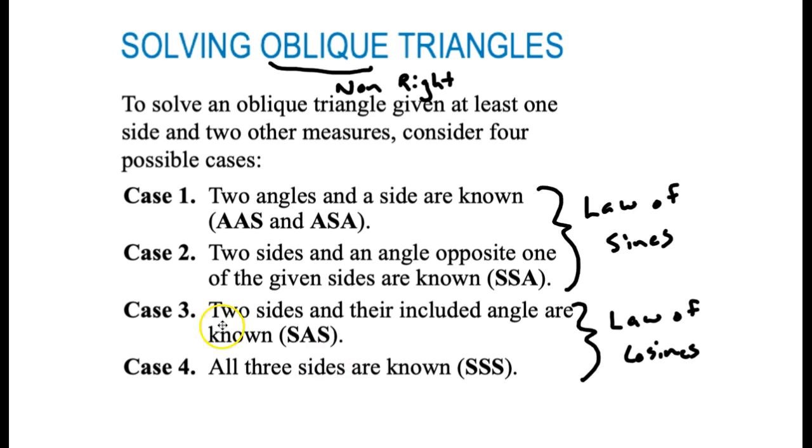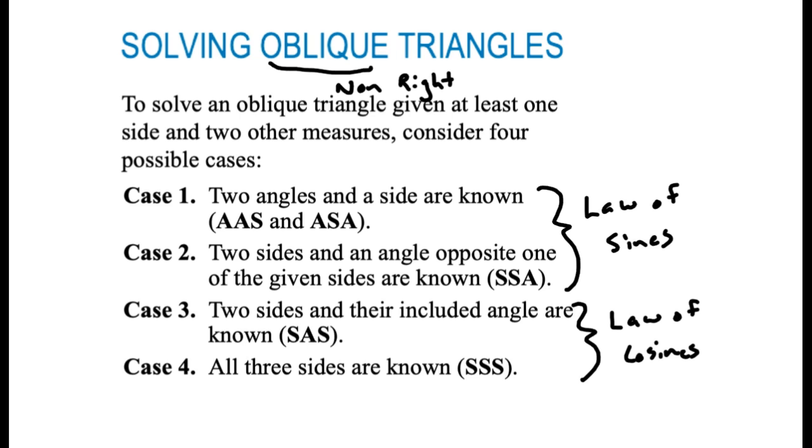Now, for these second 2, we will actually end up using the law of sines at some points as well, but we will have to use the law of cosines to start. Now, today we're just going to start by talking about the law of sines. So we're only going to look at case 1 in this lecture, where I know 2 angles and a side.